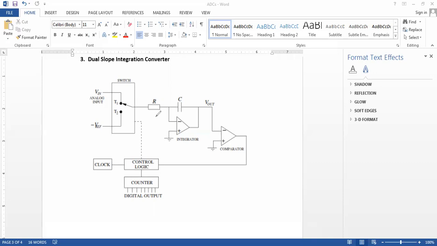After T1 seconds have elapsed, the control logic shifts the switch from T1 to T2, so that now the switch is in the T2 position. You notice that the voltage now connected to the resistor is a negative voltage, and therefore the capacitor will start discharging, since the potential difference here is negative.